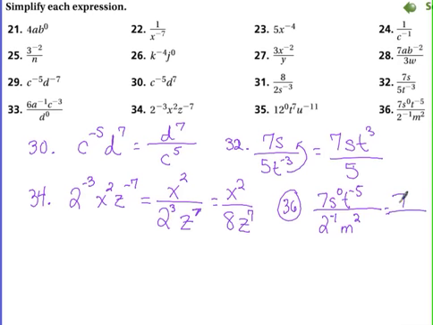That's 7. This has a negative exponent. It's going to want to go down below. This exponent is negative, so this 2 with the negative 1 will want to travel up top. And this m squared, it's fine. It stays where it is. Now our final step, 7 times 2, that's 14. M squared t to the 5th.